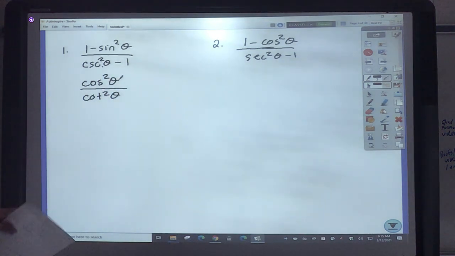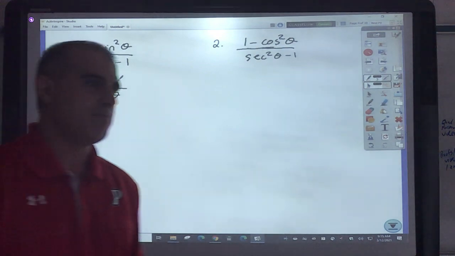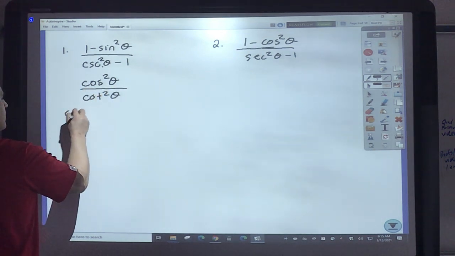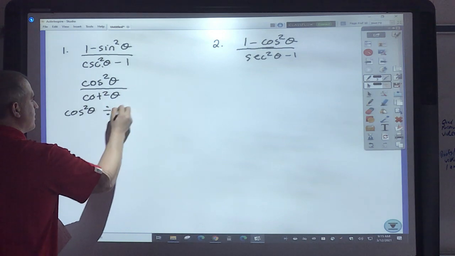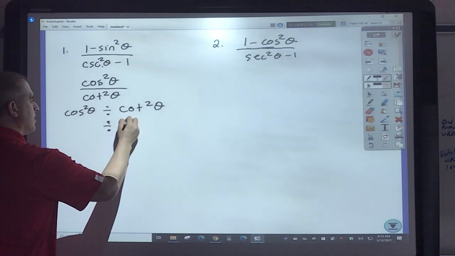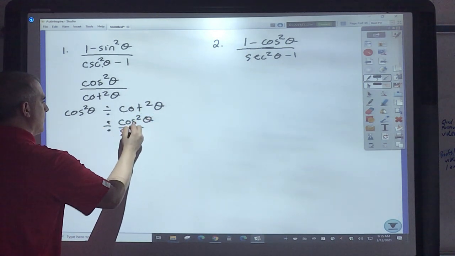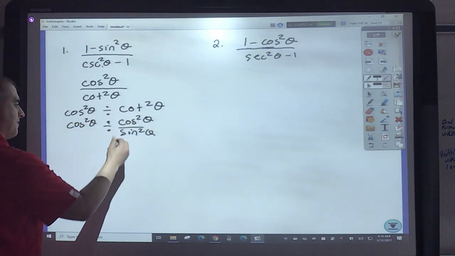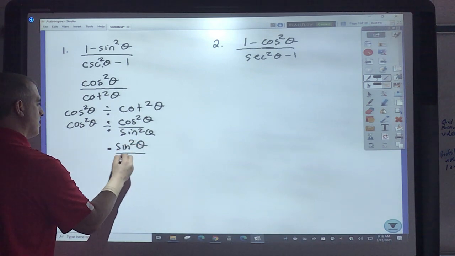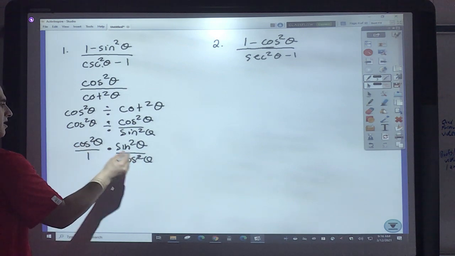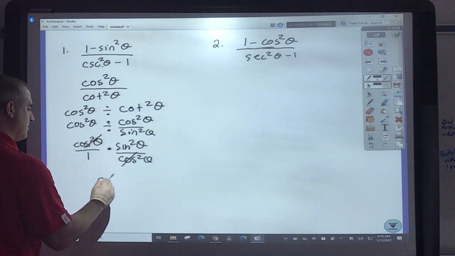Now, when you have multiple things squared, and this one is not in the form of cosine, go ahead and treat this as a division sign of cotangent. This might make it easier. Well, what do we know that cotangent is? It's cosine squared over sine squared. What does division of fractions do? It flips this. So I've got sine squared of theta over cosine squared of theta, and on this side I have cosine squared of theta, really over 1. What I'm allowed to do is eliminate those, and so what's only left is sine squared.